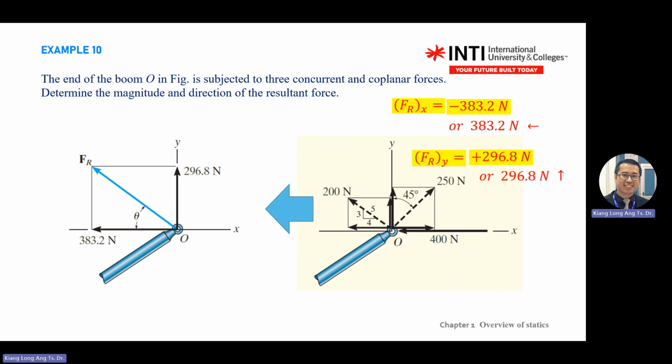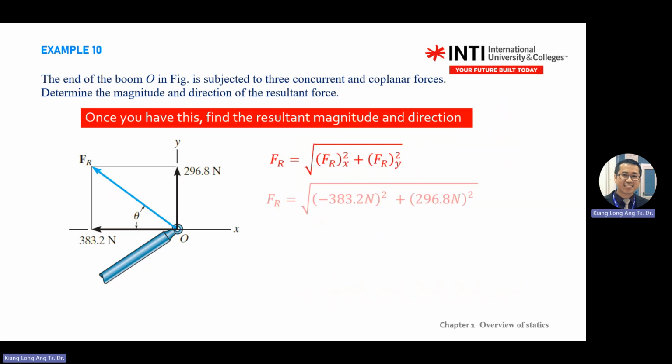Calculate the angle using tangent, this one, to find the angle. The magnitude you need to find as well. Square this one, square this one. How do you get this equation? Why do you suddenly get square, square, square? Based on triangle rules also.